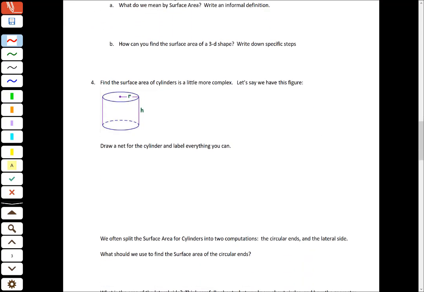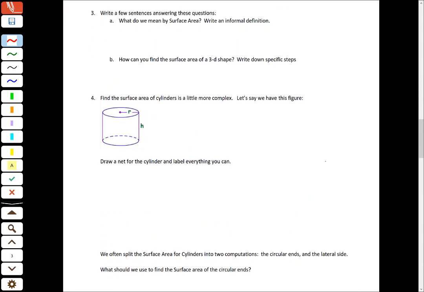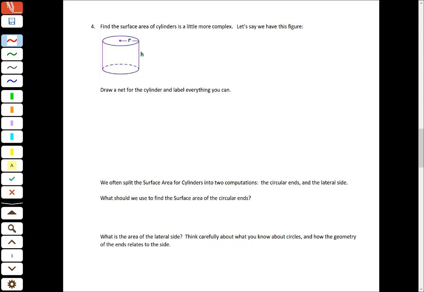Okay, so then for problem 4, there are some reflection questions here. For problem 4, we'll draw the net of a cylinder. And honestly, some of these nets stay connected. You can think about just breaking the surface area up. So this one has 2 circles, top and bottom, right?